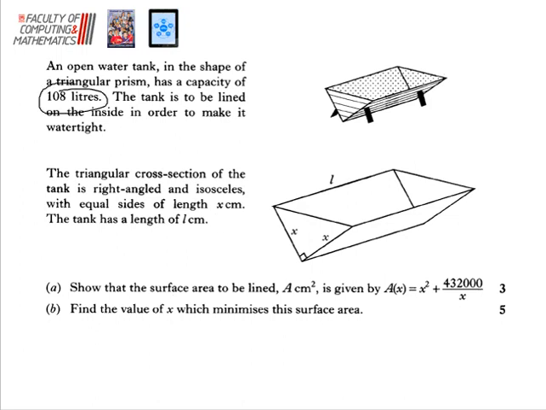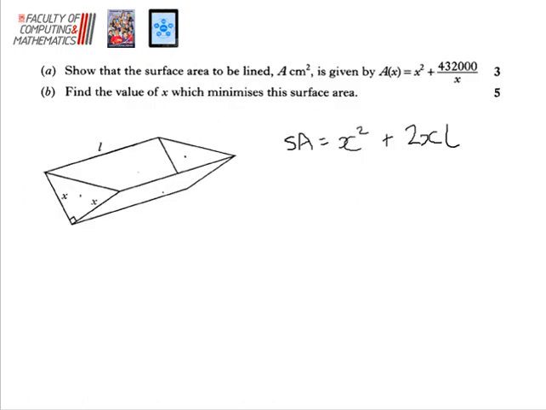Now if we go back, you can see it also tells us up here the capacity is 108 litres. Sorry for jumping about a bit, it's just a bit awkward. So the capacity, the volume, is 108 litres. Now everything else is in centimetres, so this has to be in centimetres cubed, and we know that centimetres cubed is the same as a millilitre, so that's 108,000 centimetres cubed.